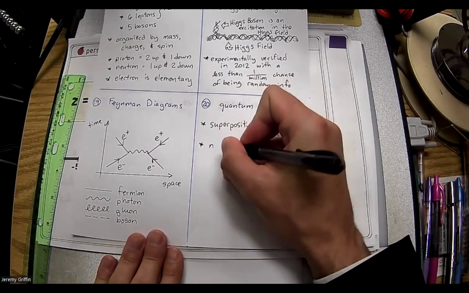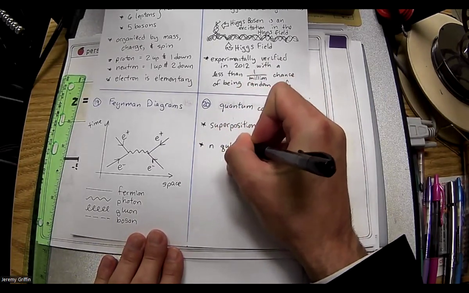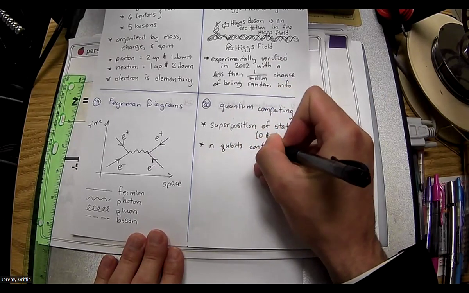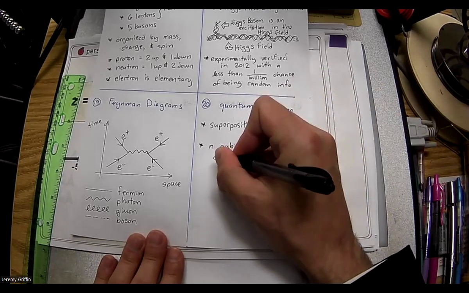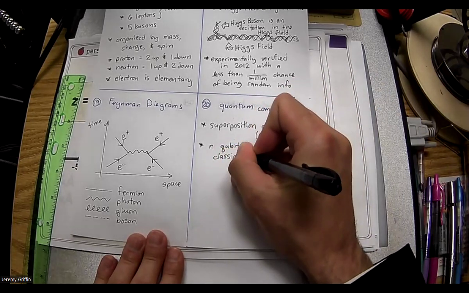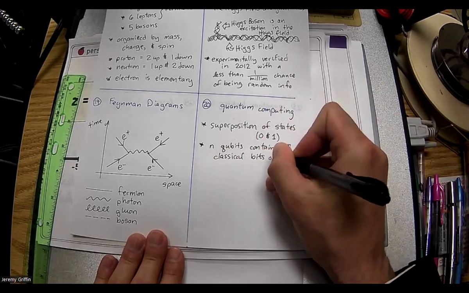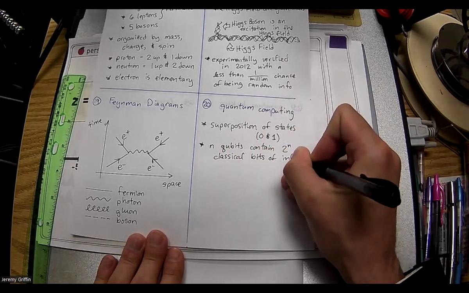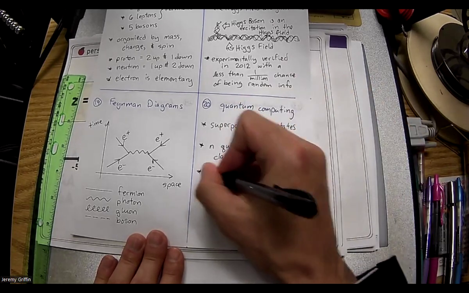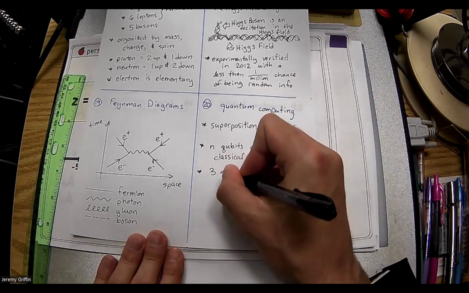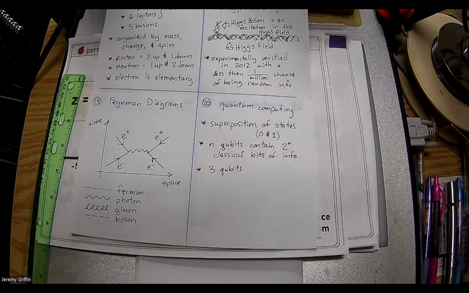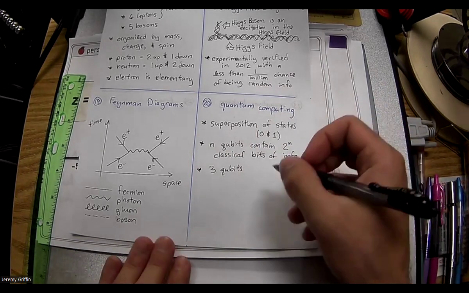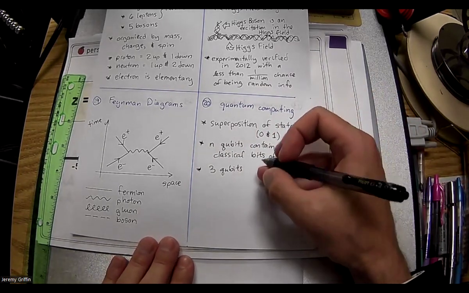So n qubits contain 2 to the power of n classical bits of information. For example, 3 qubits. If you thought about 3 bits, it could be 110 or 010 or 101, so many possibilities.